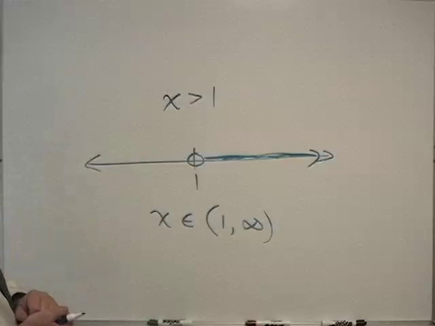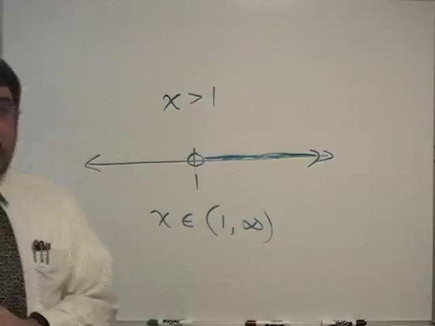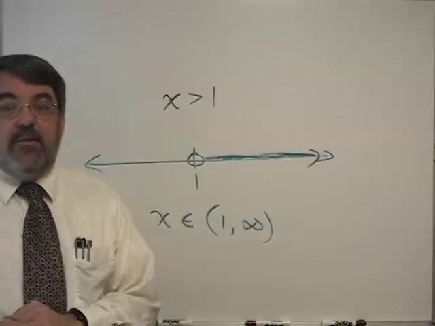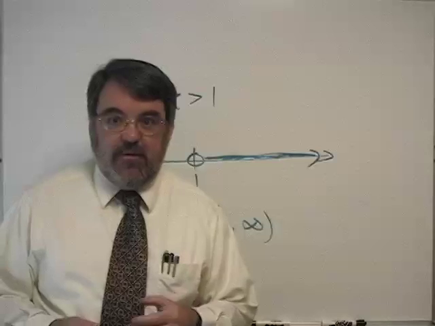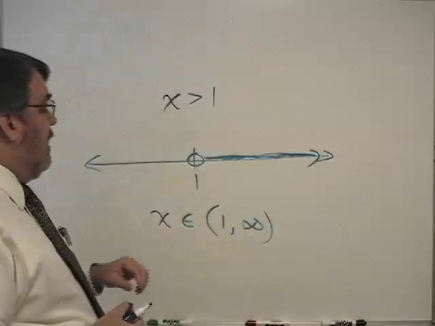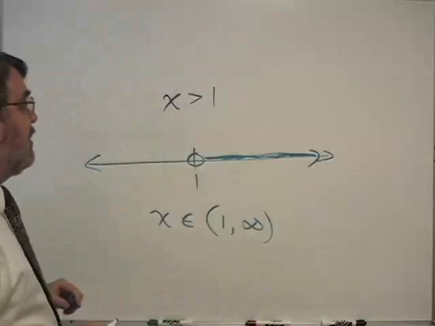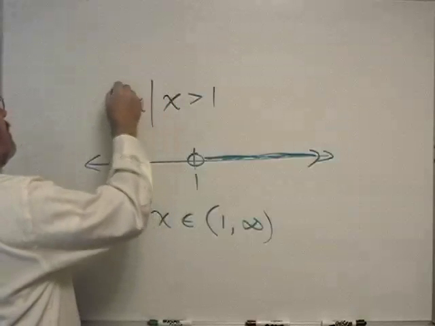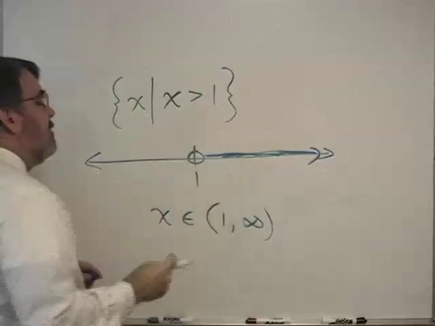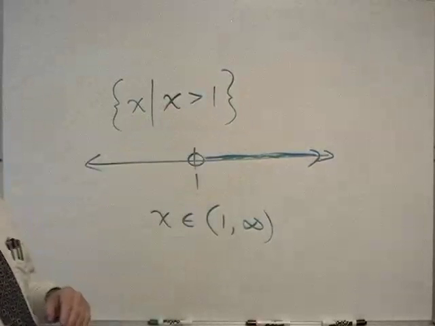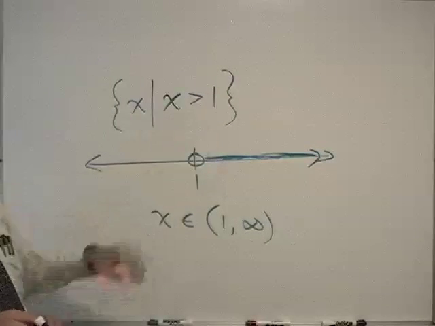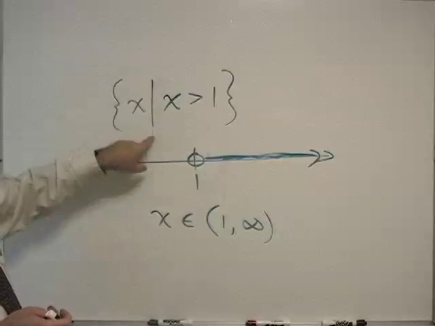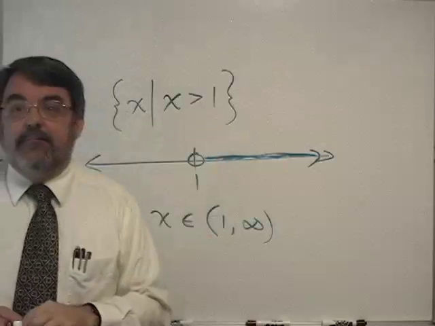Now while I'm thinking of it, your textbook often writes things in what's called set builder notation. And so it might write an answer in set builder notation this way. Here's how it looks with all the bells and whistles. This reads the set of all x's such that x is greater than 1.